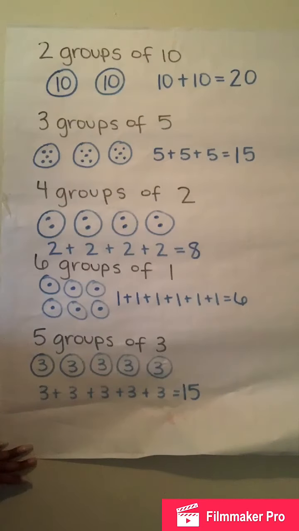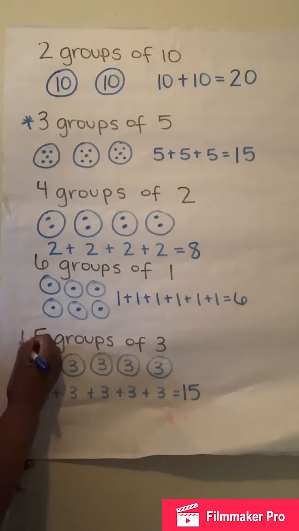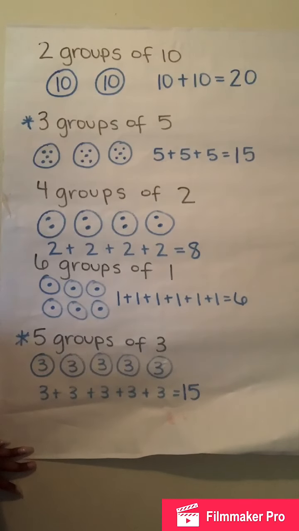Now, if you were paying attention, this one and this one are the same. And we're going to talk about that when we start talking about rows and columns next.